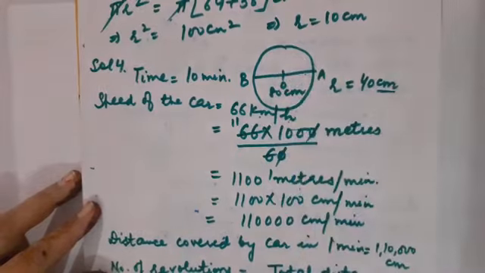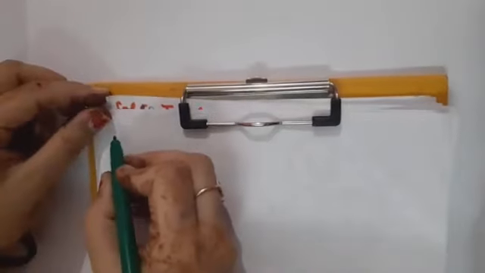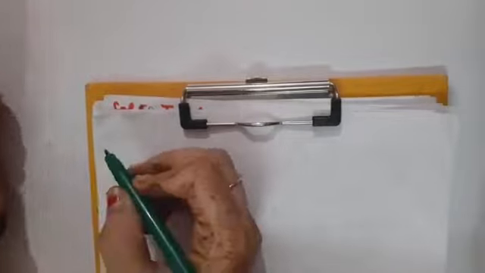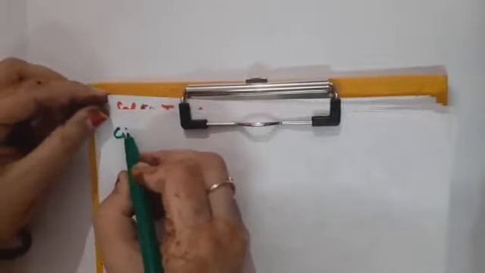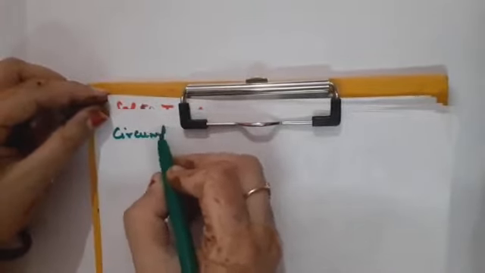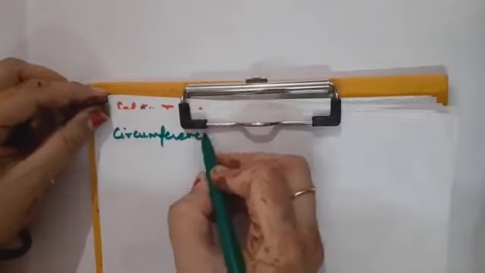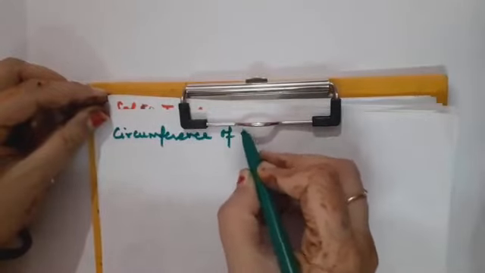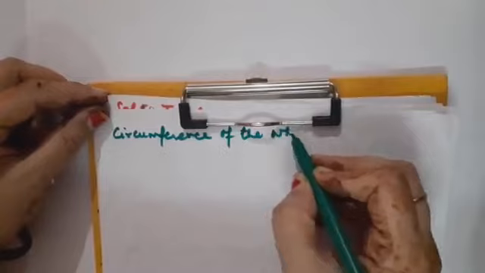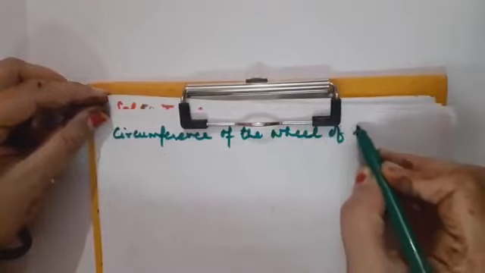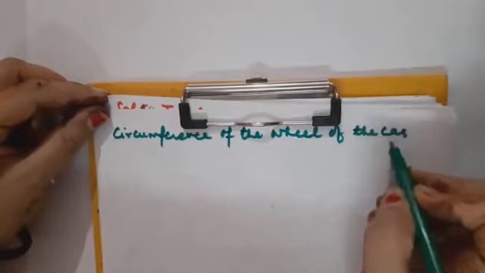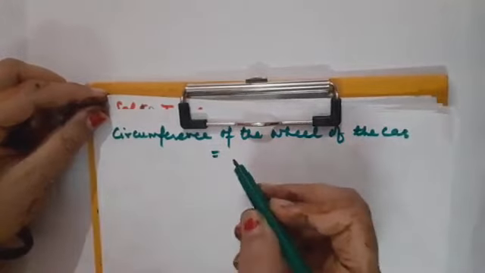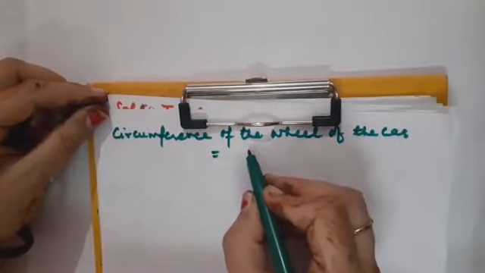Got it? Now children, I am going to calculate the distance covered by the car in 1 round. As I told you that we can call it circumference of the circle also. Circumference of the wheel of the car also. You know the formula of circumference, just explained you few minutes back.